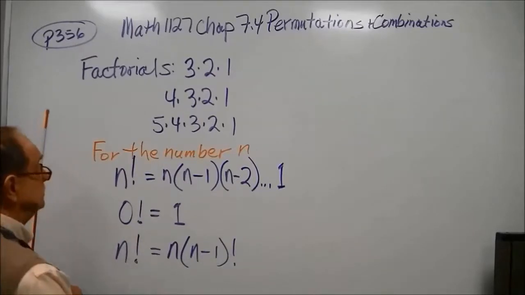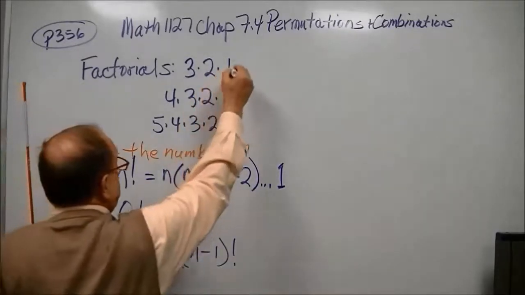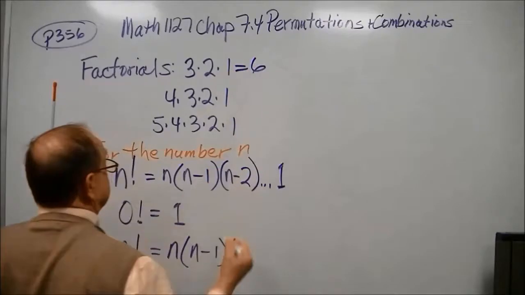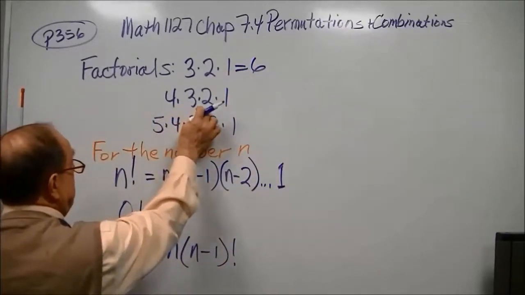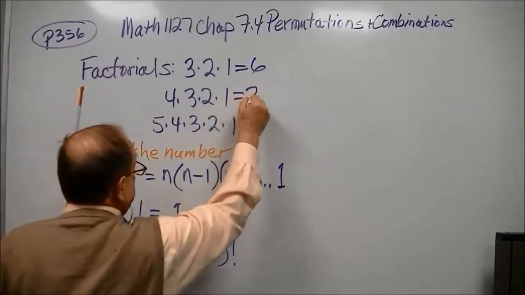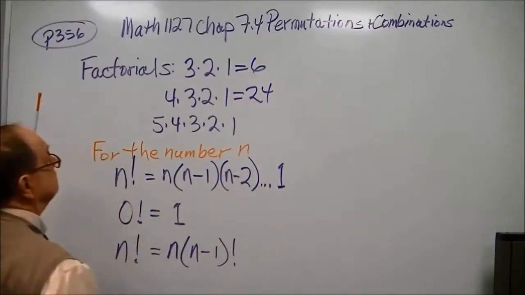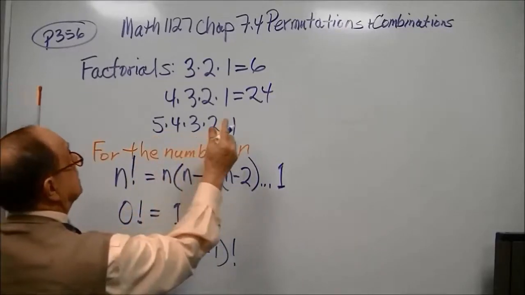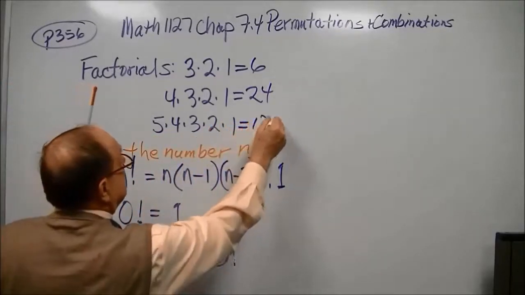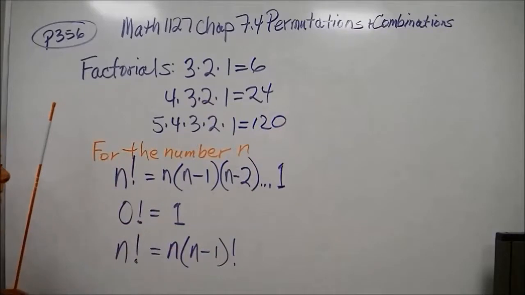This one we know is going to be 6. And here this is 12 times 2, that's 24. And this is 20 times 6, that'll be 120, but it does get a little challenging.